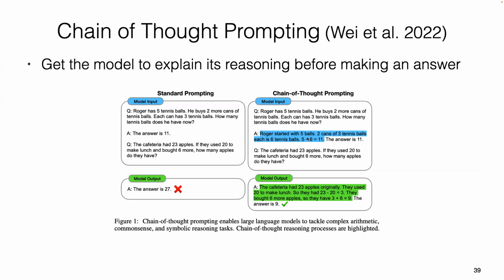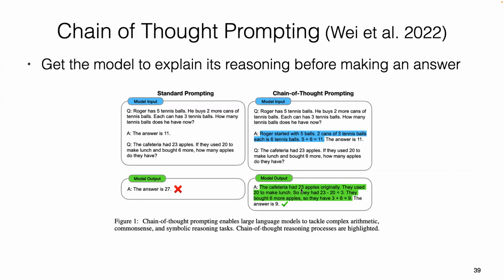So that's really the idea. They provide these few-shot examples, and I think they manually wrote the reasoning for a few examples, and now you have the model try to solve a problem.